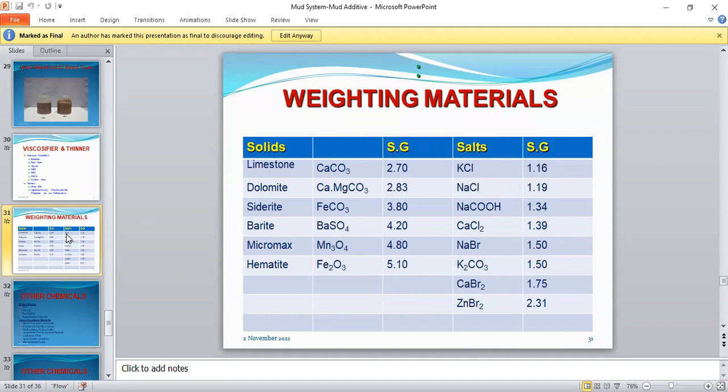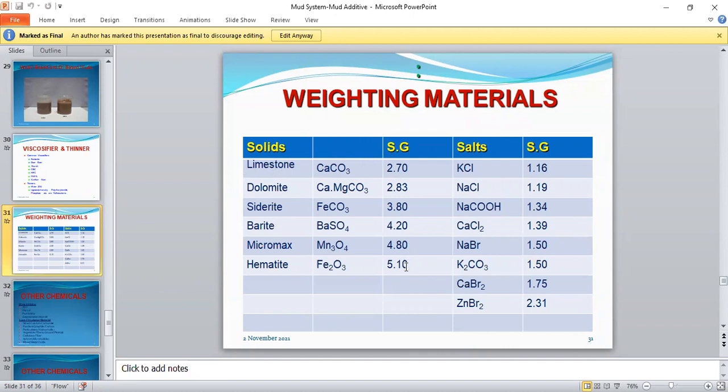Barite, barium sulfate. Micromax, magnesium oxide. Hematite, iron oxide. But in this particular one, most of the ones that are being used are limestone, calcium carbonate, barite, and hematite. More frequently, barite and calcium carbonate, limestone.